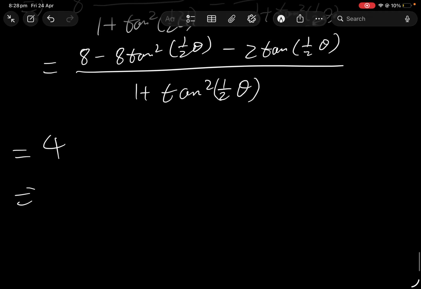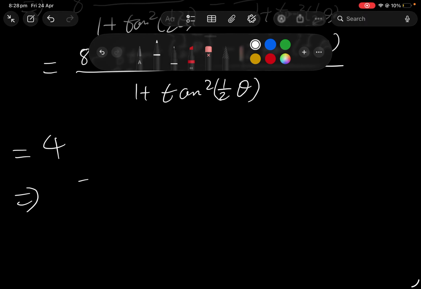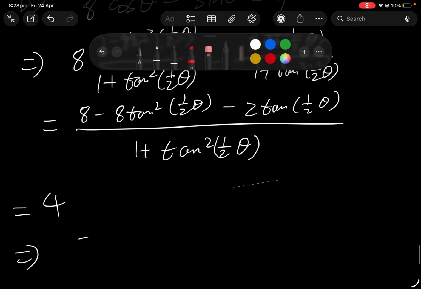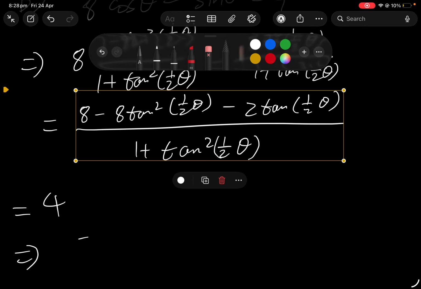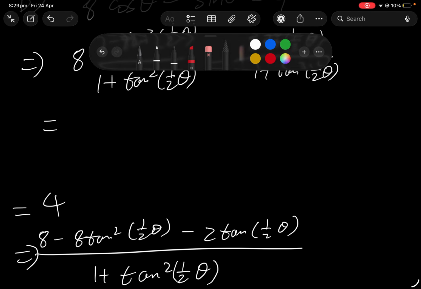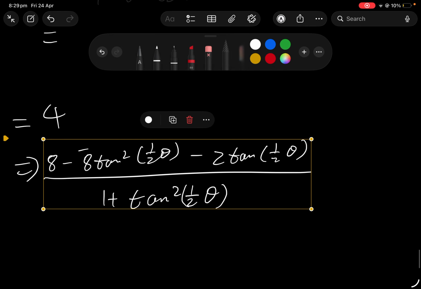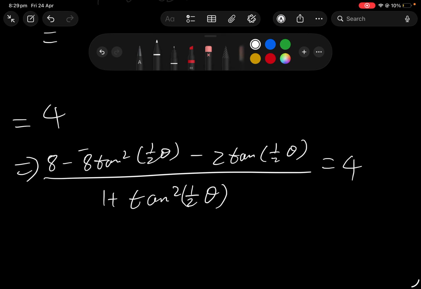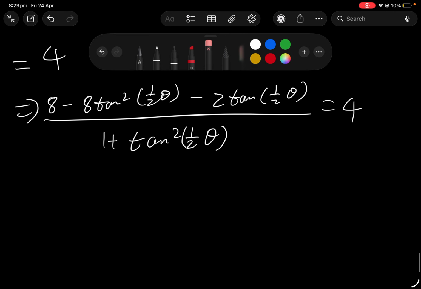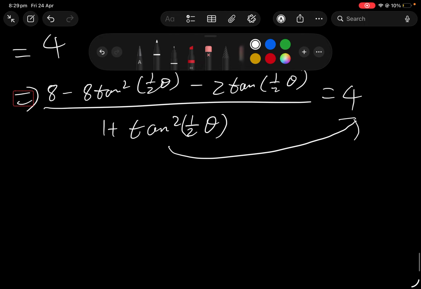So then we can make the equation of 8 minus, it's the same equation here, because we have to rearrange and it's easier to see like this. So basically we'll move this one over here because it's dividing, we'll times it on the other side.